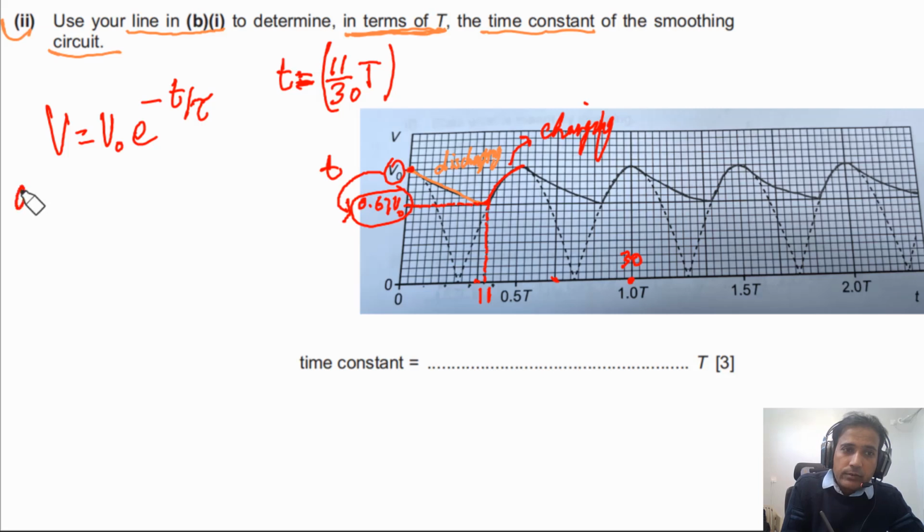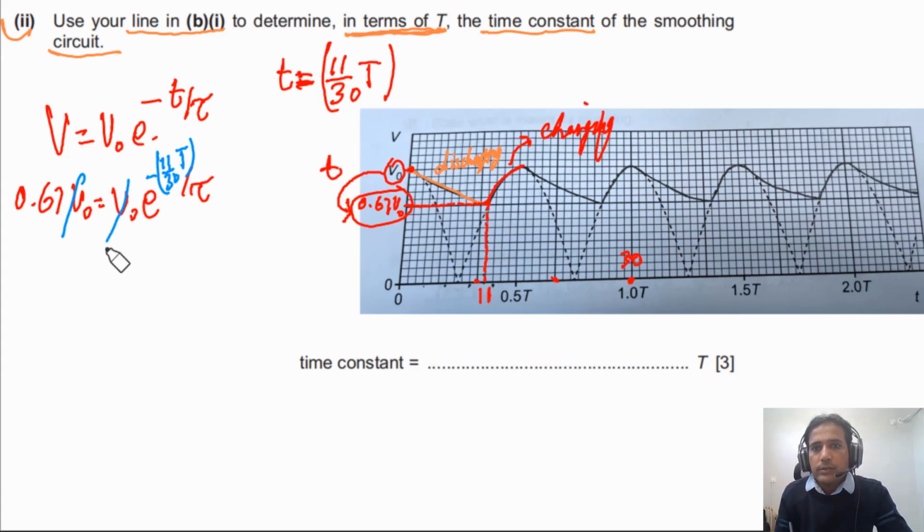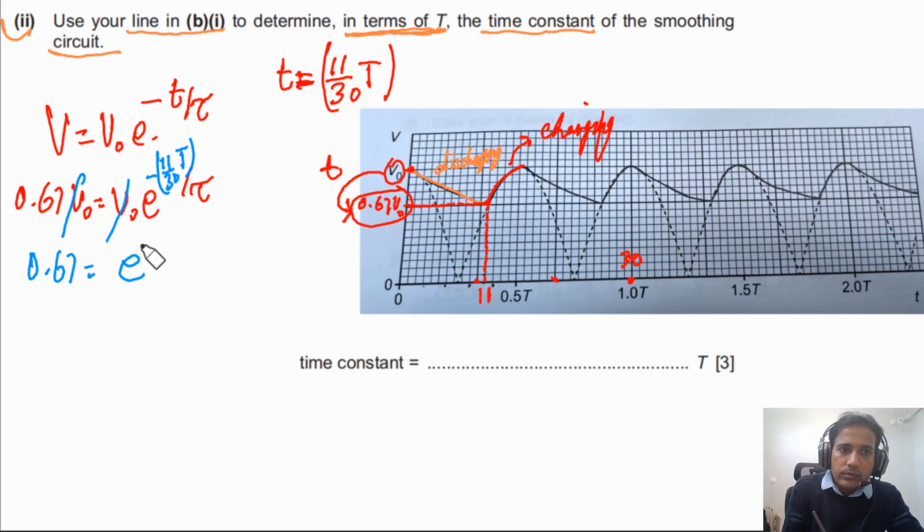Now we can simply plug in values. So here we have 0.67 V0, which is equal to V0 e to the power of minus t over tau. But t we can replace with the values we have found: minus 11/30 times capital T. And this V0 we can cancel with this V0, so we are left with 0.67 equal to e to the power of minus 11/30 times capital T, divided by tau.